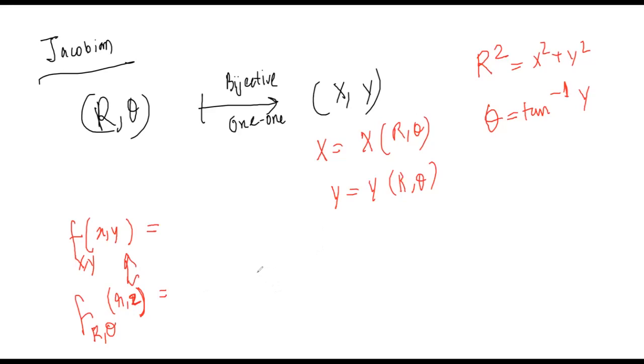Since we know the distribution, we will first compute f of r comma theta, which we know, and we will connect this with f of x comma y. How do we do that? We do that in the following manner.